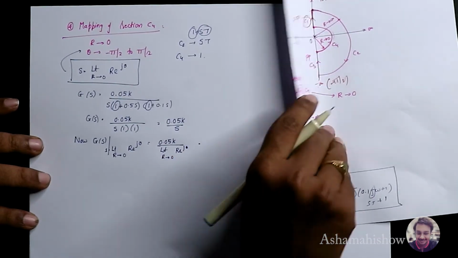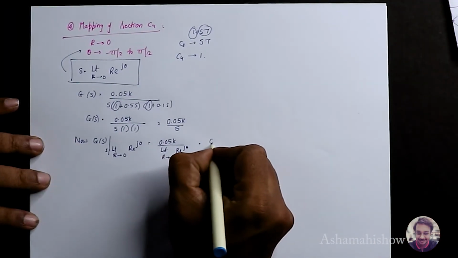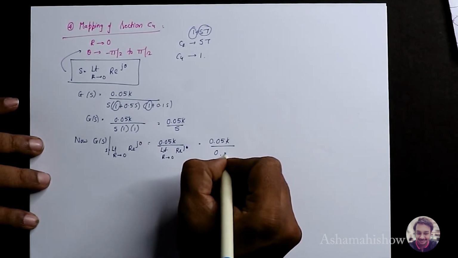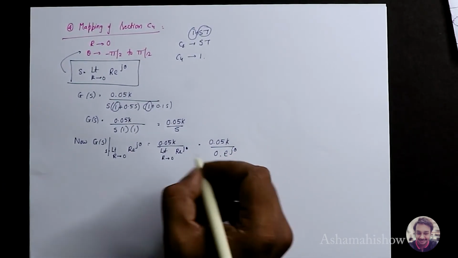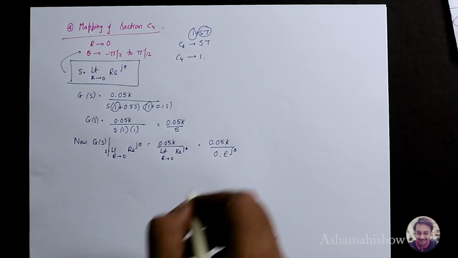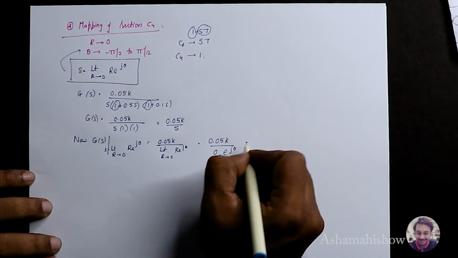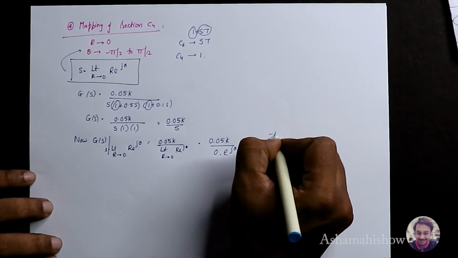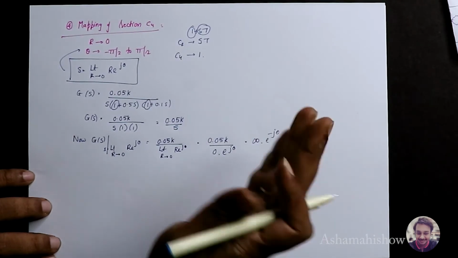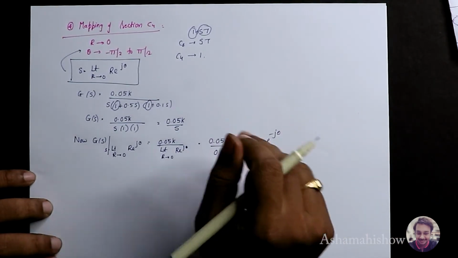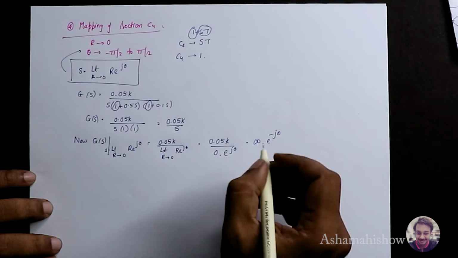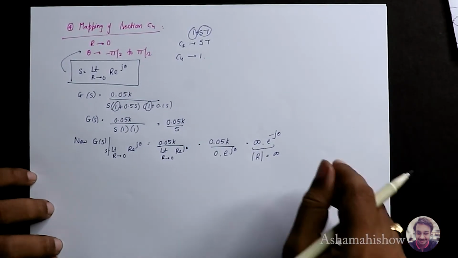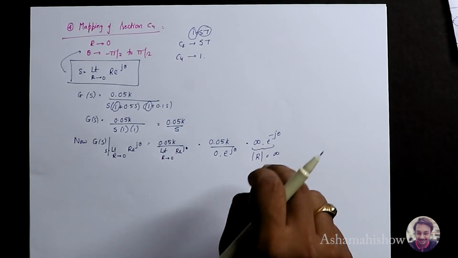So this becomes 0.05k by 0 into e power j theta, because I replaced r with 0. 0.05k by 0 becomes infinity, and this becomes e power minus j theta. When j comes from denominator to numerator, it becomes minus j theta. Now it clearly gives your magnitude of r is infinity. In the previous case we got magnitude 0, here magnitude is infinity.